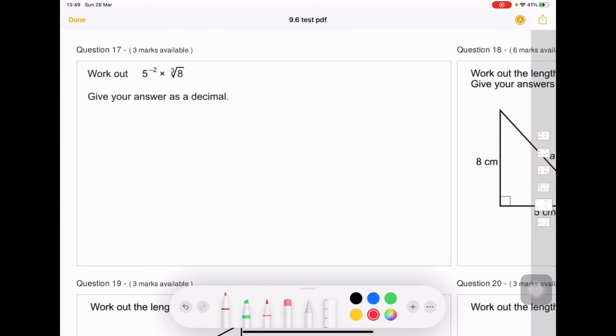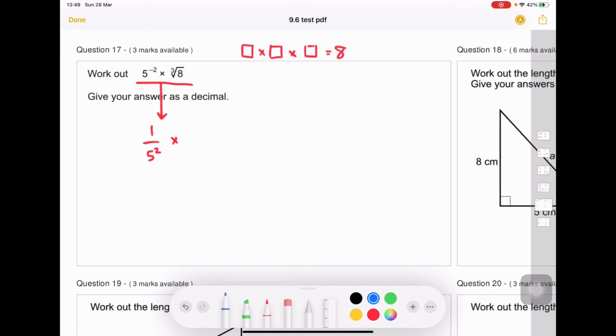Question 17 is linking surds with negative indices. So 5 to the -2 is 1 over 5 squared. Cube root of 8 means which number multiplies by itself 3 times to get 8.